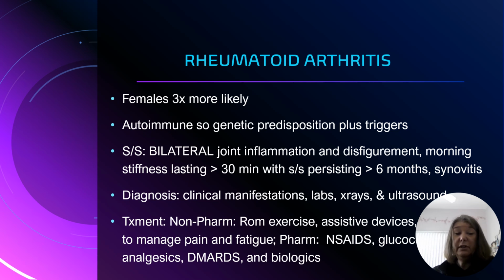This can lead to joint destruction and deformity. Rheumatoid arthritis, if left untreated or inadequately treated, leads to irreversible joint damage and disability. Common joint deformities include swan neck deformity caused by hyperextension of the proximal interphalangeal joints, boutonniere deformity caused by abnormal flexion of the proximal interphalangeal joints, and ulnar deviation caused by the lateral deviation of the phalanges.